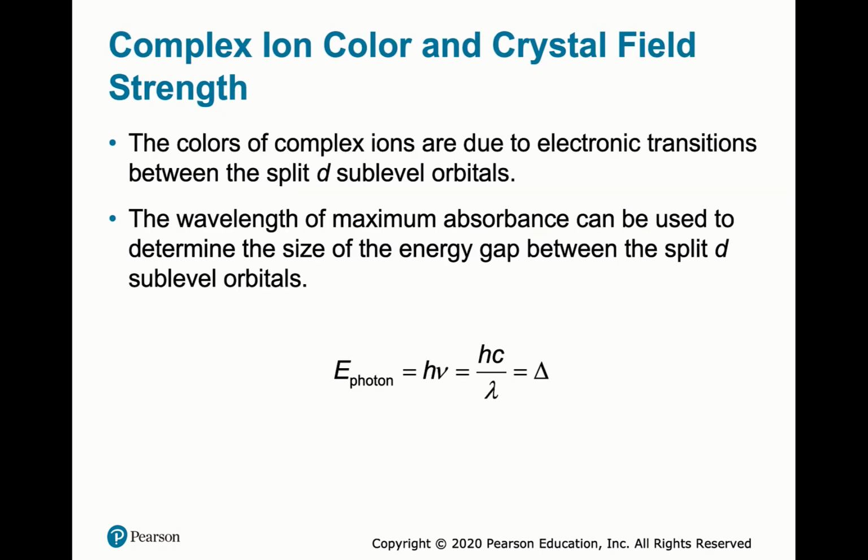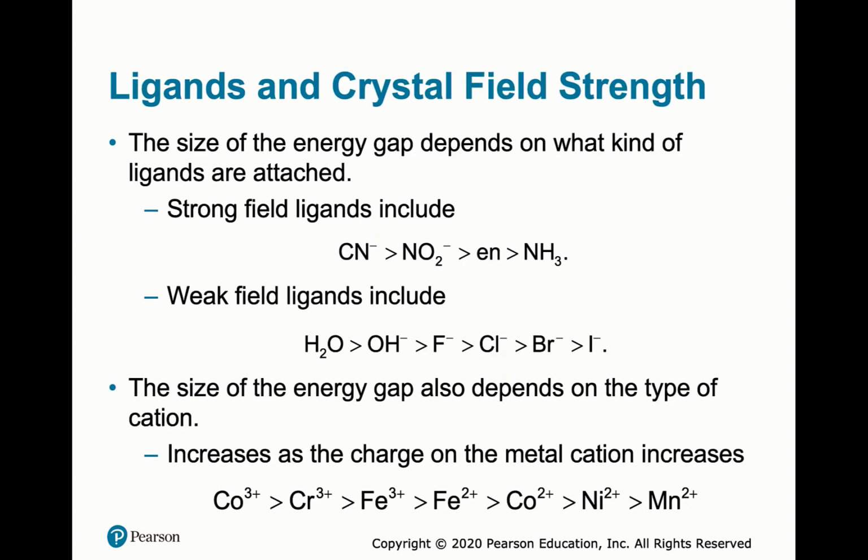But let's talk about the crystal field strength. The energy of the photon is the size of the split, and that's where the colors come from, basically what this slide says. Let's talk about the different strengths. Not including carbonyl, or carbon monoxide, which is pretty strong, close to the strength of cyanide.